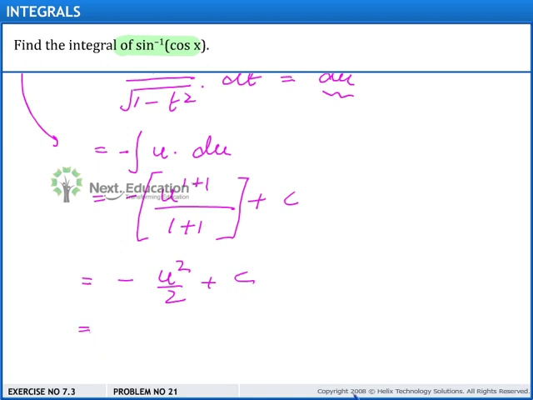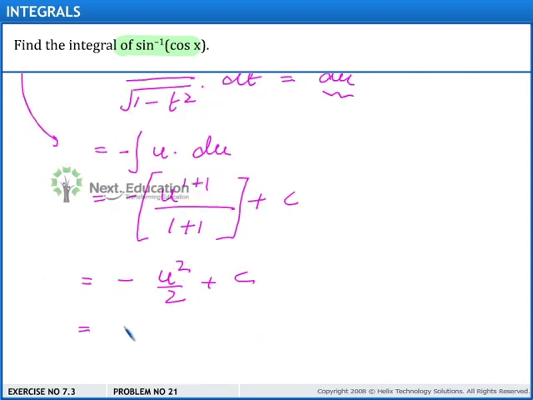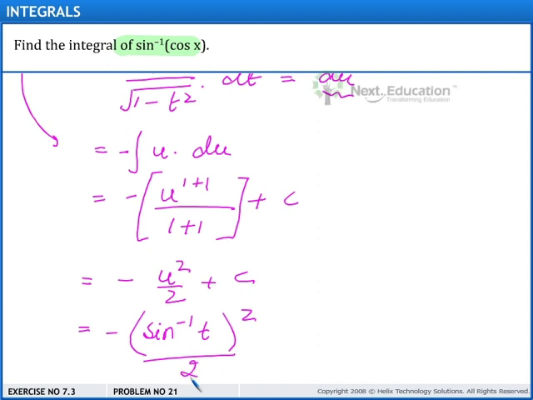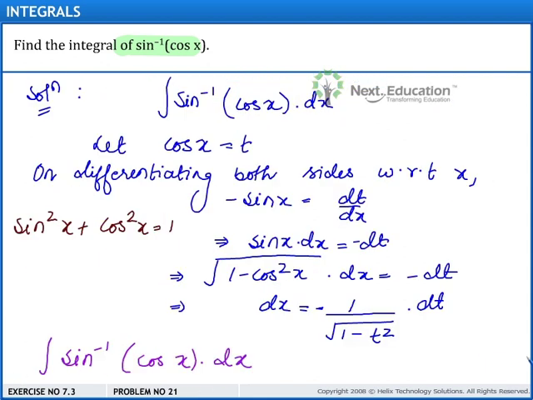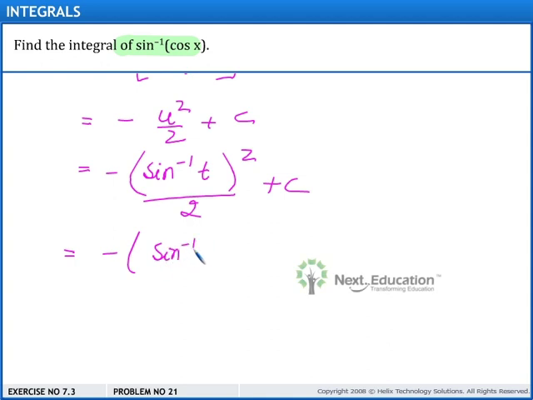This is equal to, now u we have supposed as sine inverse of t. So we have minus of sine inverse of t whole square divided by 2 plus the constant, and t in the beginning we have supposed as cos x. So this is further equal to minus of sine inverse of cos x whole square divided by 2 plus the constant.